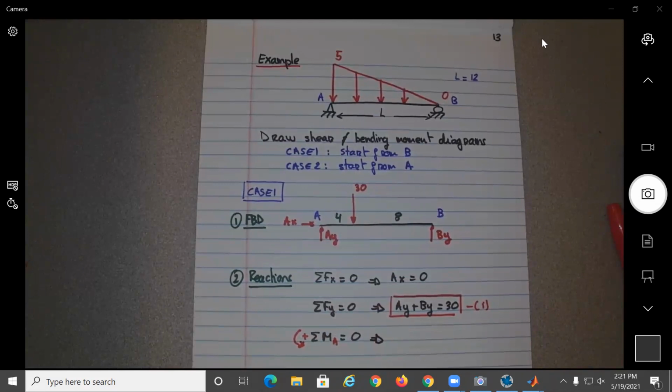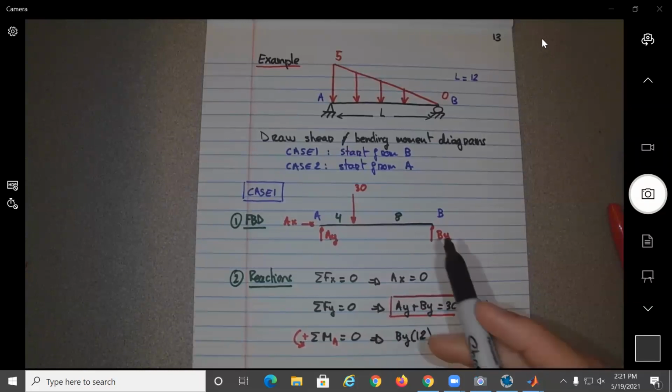Equal to 0. So about point A, what are you going to have? You're going to have BY times 12 minus 30 times 4 equal to 0.